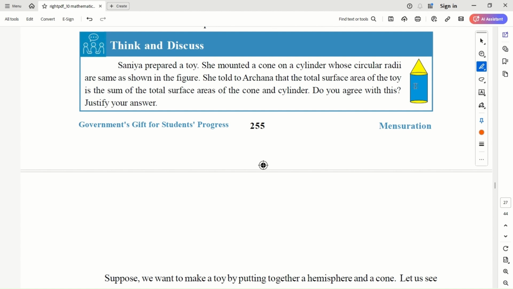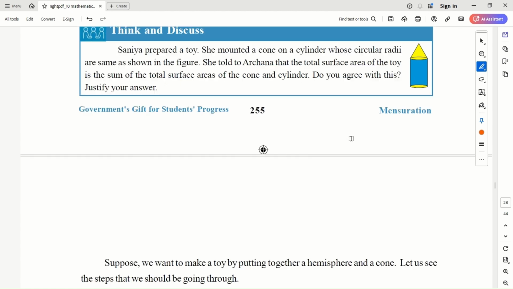In this case, the top cross section area and the base area of the cone are both attached, so both are gone from the total surface area of the combined objects, right? This is one example, and it is the same for almost all objects. If you are calculating the total surface area, their total surface areas are not summed up. You have to subtract something, otherwise they cannot be attached.